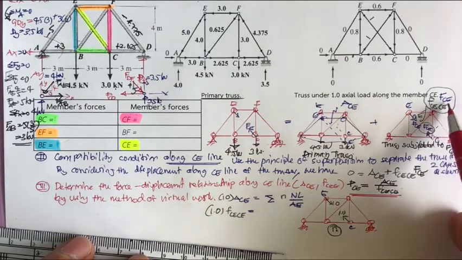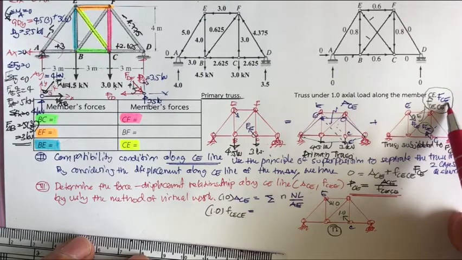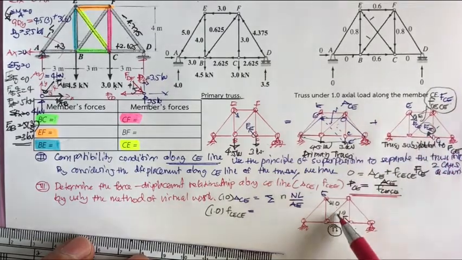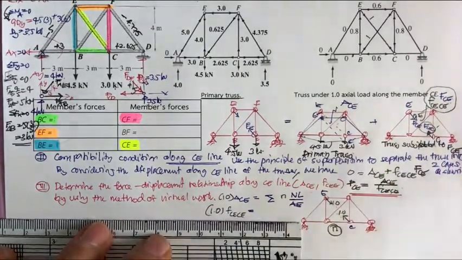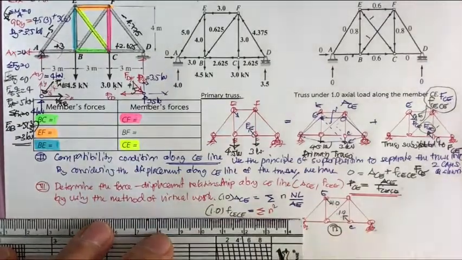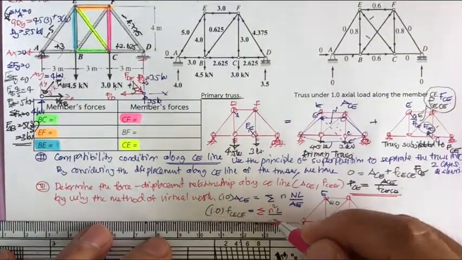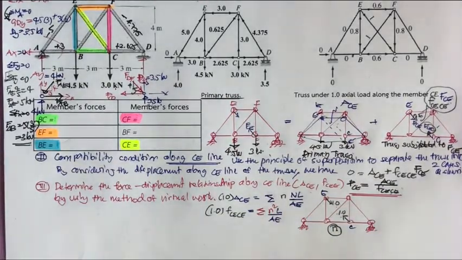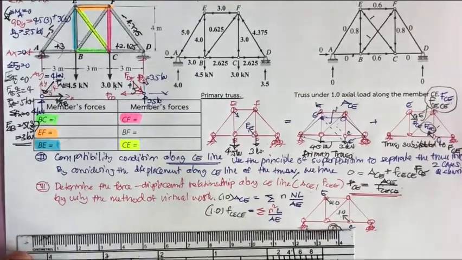Since this one is computed with F sub CE equal to 1, the truss here is going to be the same as this one. So this one is going to be the summation of n squared times L over AE. Okay, those are the two equations that we are going to use to solve this problem.